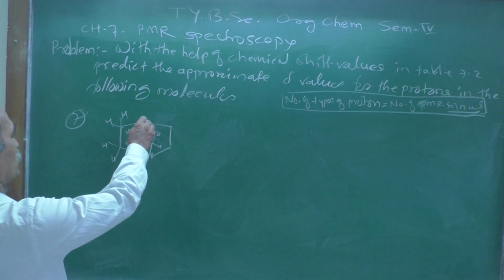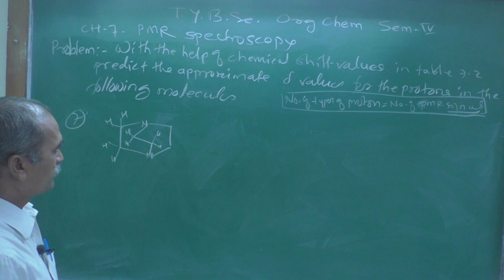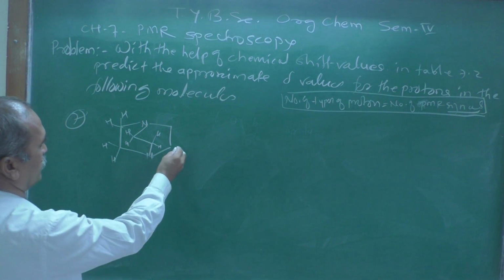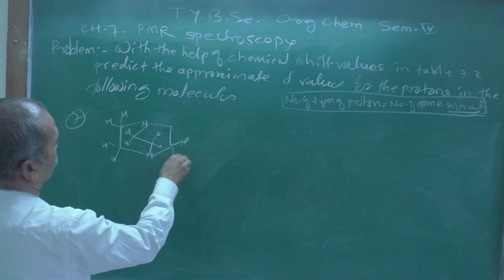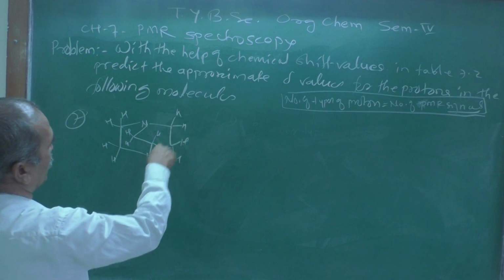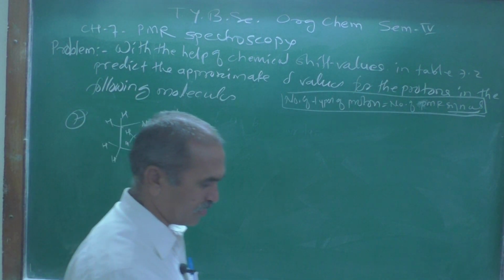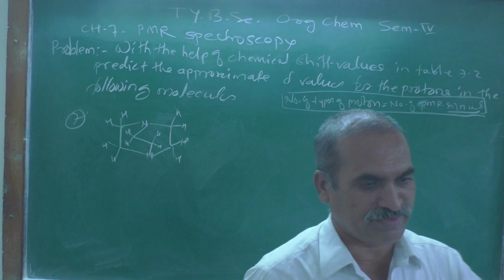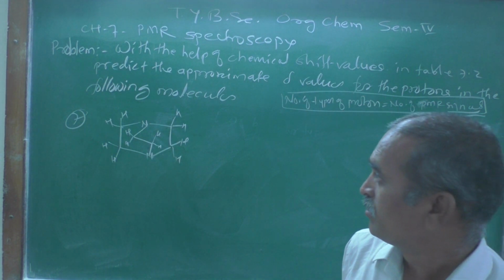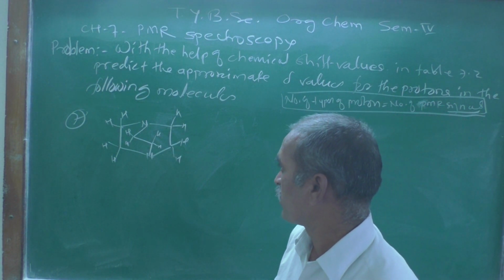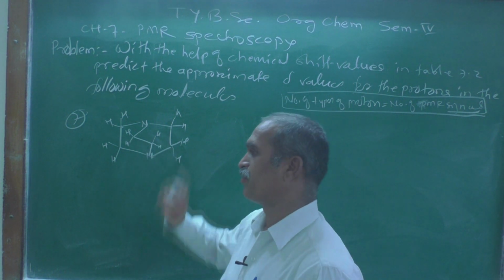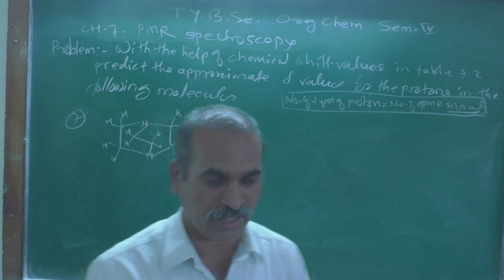Look at here, nitrogen atom has a 3 valency, here also has a 3 valency. Here are 2 hydrogens as it is. If you count the number of hydrogen atoms present in this compound, you will find there are 12 hydrogen atoms, 4 and 4, 8 and 4 are 12 hydrogen atoms.